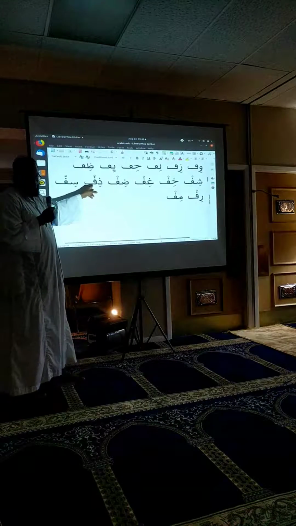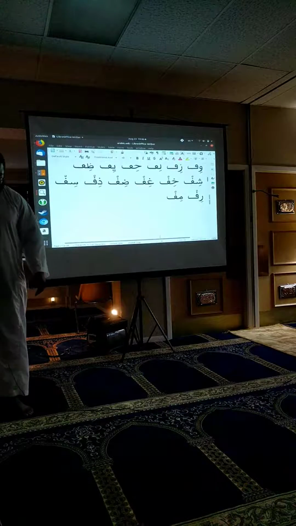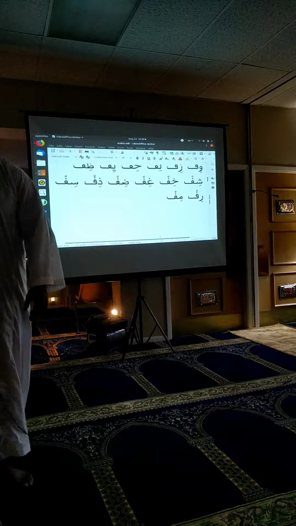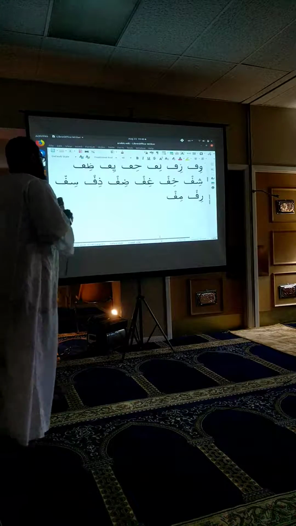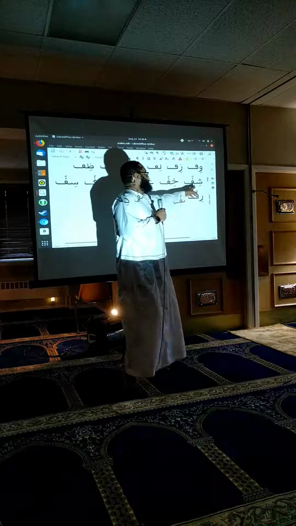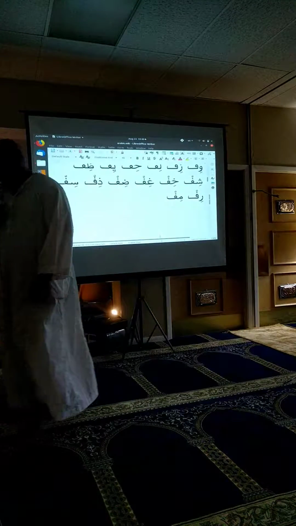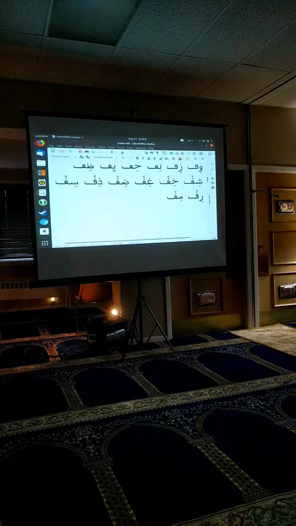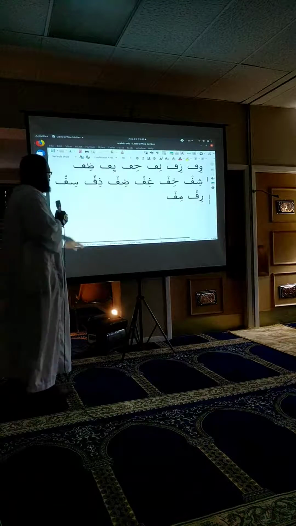Okay, what letter is this on this next word? Sheen. Wrong. The sheen is over here. Seen. How do we say a seen with a kasra underneath it?